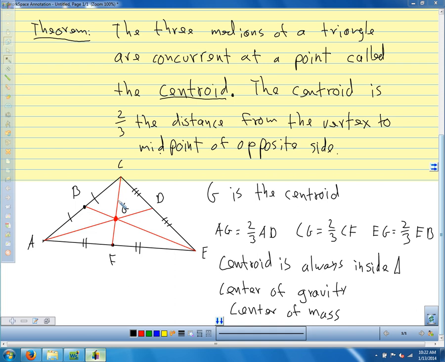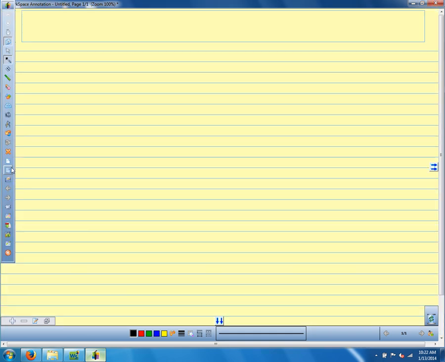It's where the medians intersect. All right, let's look at an example using a centroid. So here's my picture. And I'm going to draw some segments here.